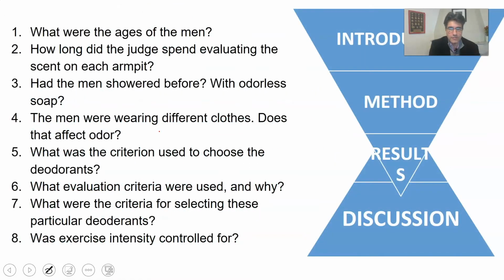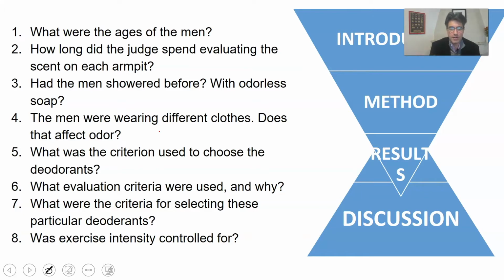And some of the ones that come up in the discussion about what is missing here: is age a variable? Was the time spent smelling each armpit controlled? Had they showered prior to the experiment, or with odorless soap? How about clothes?